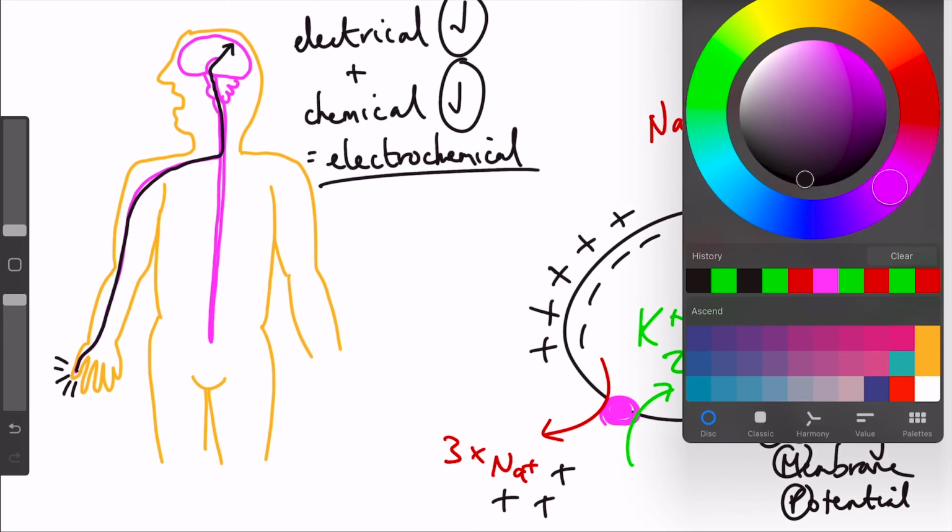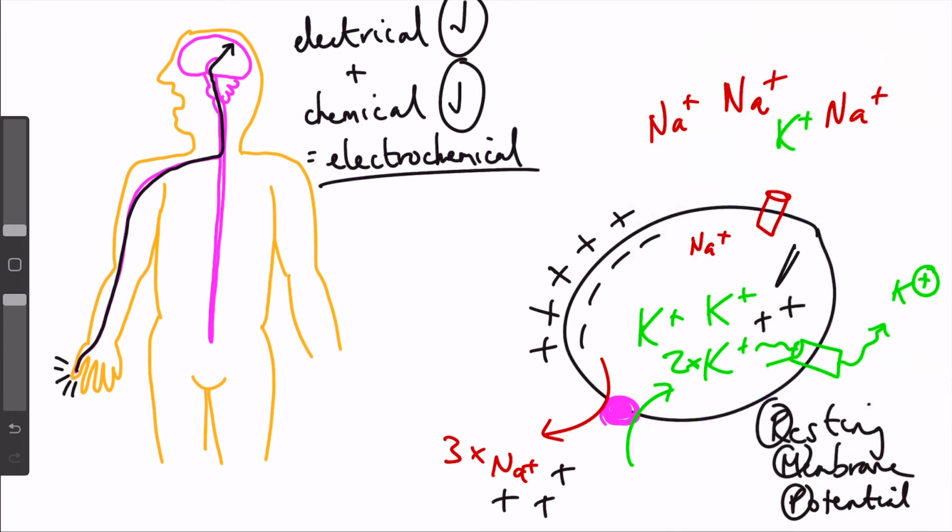Let's draw it up. So if I want to get a little electrode here and a little electrode here and make sure both of them go back to a machine to measure the voltage, what we find is that the inside is negative 70 millivolts. So the inside is negative 70 compared to the outside because the outside has more positive stuff.